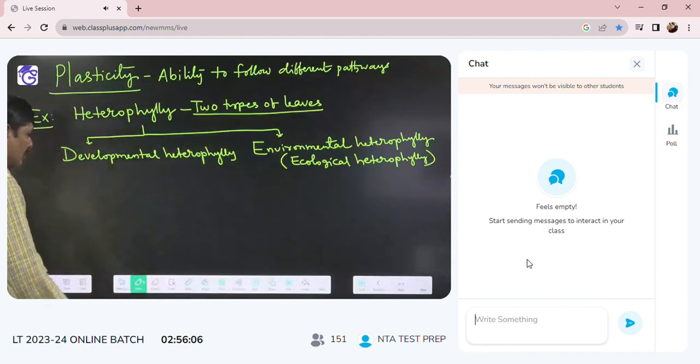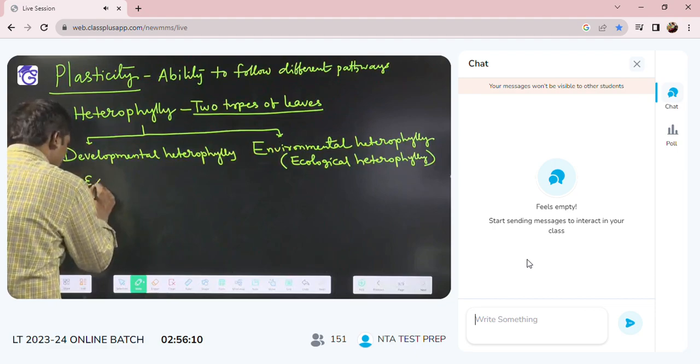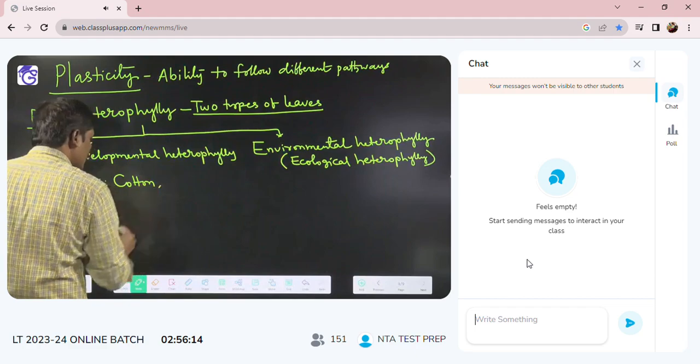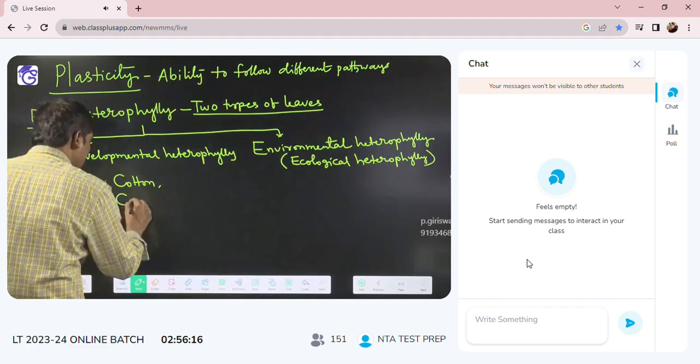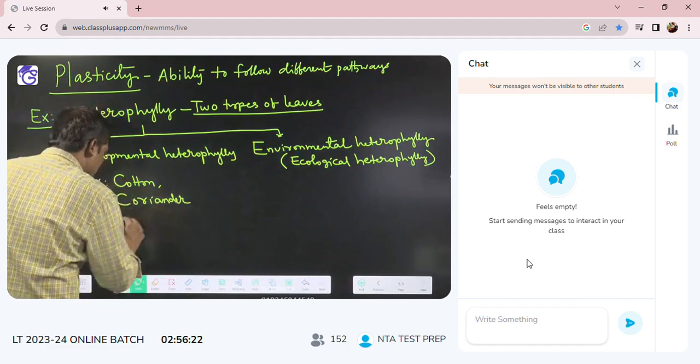For example, you can see cotton, coriander, and larkspur.